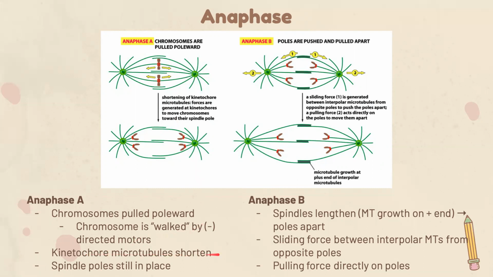So kinetochore microtubules can shorten, and if the spindle poles are still in their place, that would also be A, because as soon as you start moving the spindle poles, that's anaphase B.